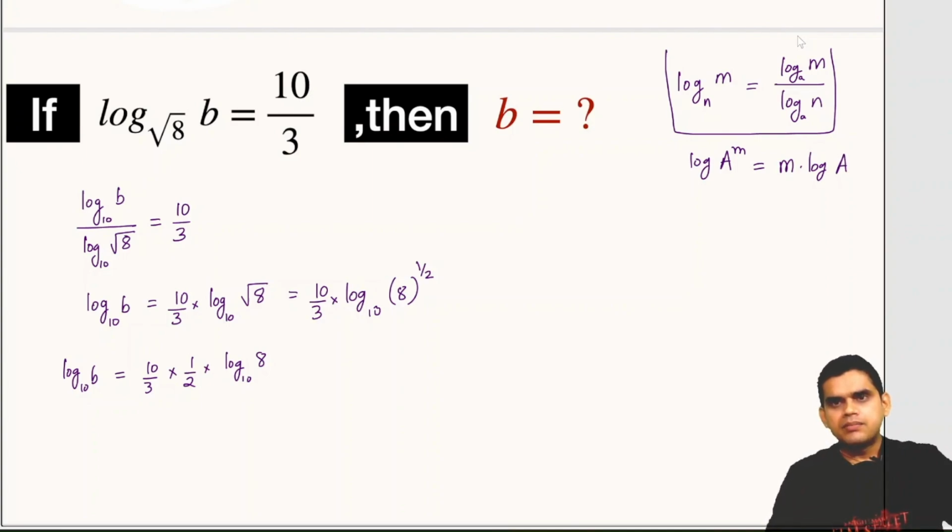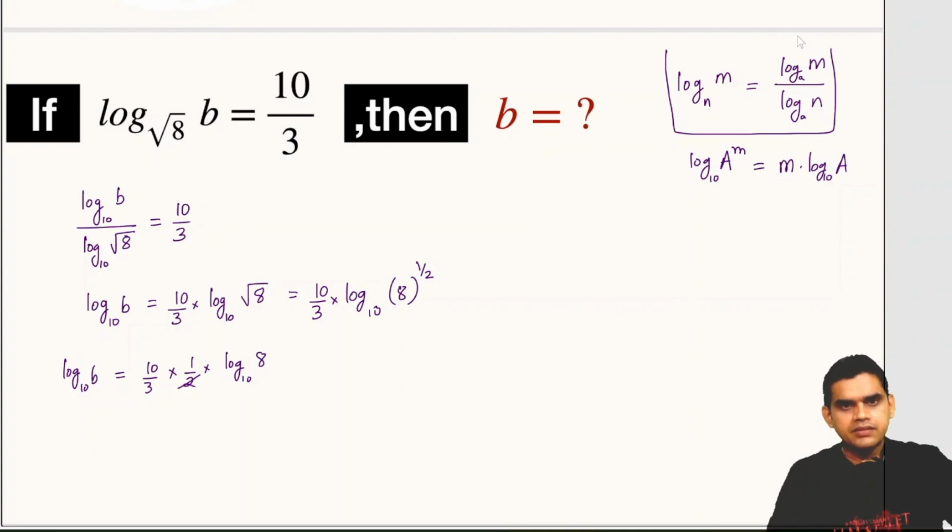I am not mentioning the base here, it can be anything, like if we take 10, it will be 10. For any base, this formula holds true. So in this step, 8 was raised to power 1 by 2, so it will come in the front and get multiplied by 10 over 3.